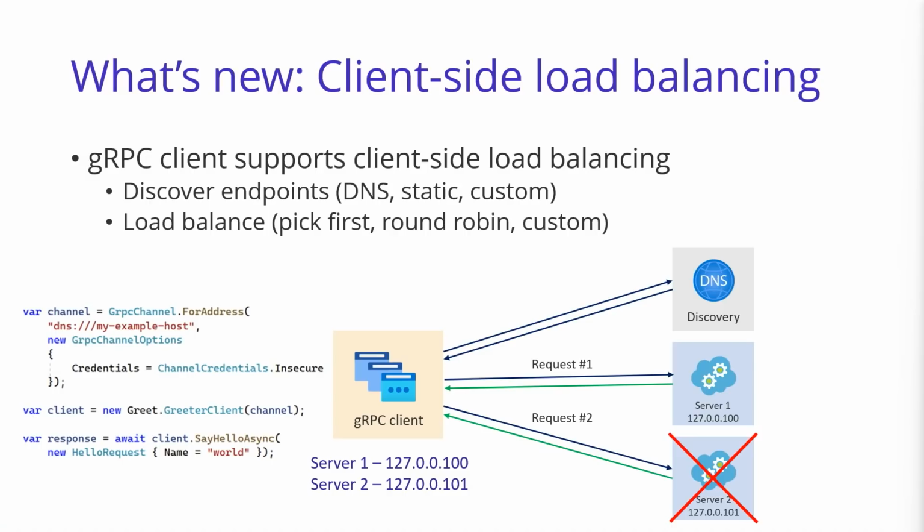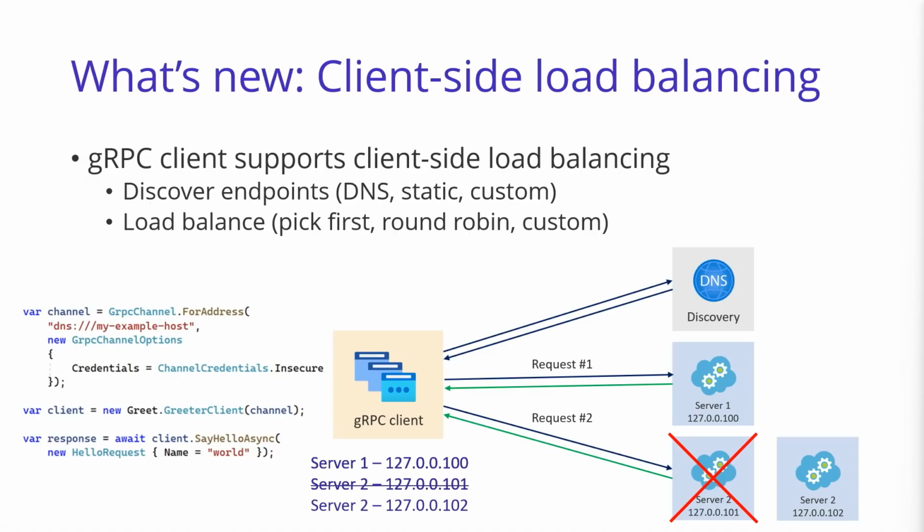Additionally, when a server fails, the client is smart enough to start asking the discovery service, hey, have you got new servers for me? Have you got new endpoints that I should talk to because one of these has failed? And the discovery service will eventually say, yes, server 2 on address 101 is no longer available. Now talk to server 2 on 102.